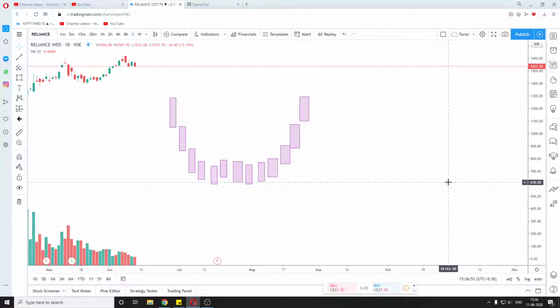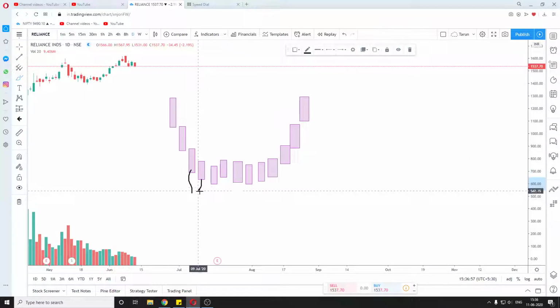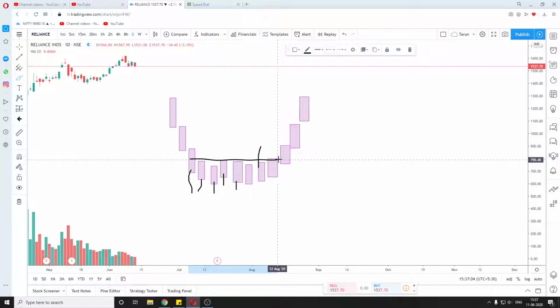So in this, let's draw these as well. At the lower levels, we'll have lower wicks. Some of these will have upper wicks as well, because there will be resistance.